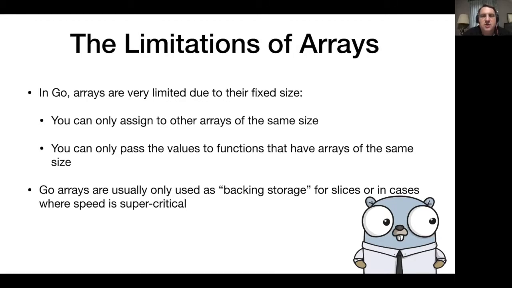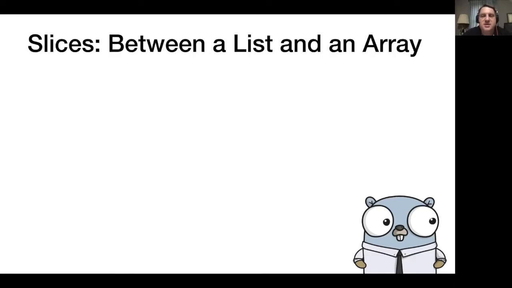So those are usually how the thought works in Go. As I said, I almost never use arrays myself in Go code, but usually you have arrays standing in the background anytime you use slices, which is somewhere between a list and an array.